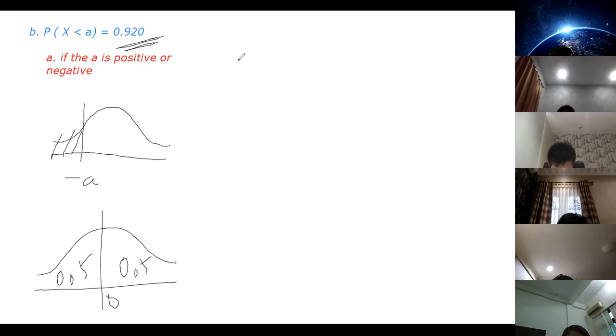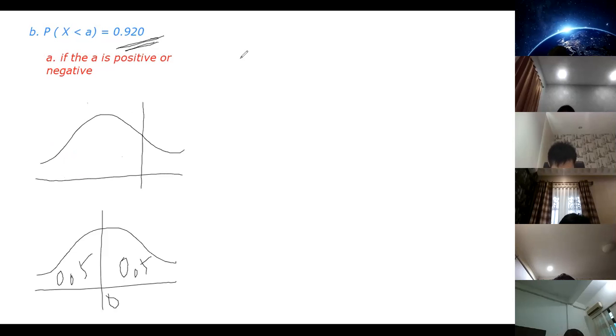The probability is 0.920. So from this, we can say that the a has to be a positive number. Because if the a is a positive number, then lesser than positive a, it will be 0.920. It makes sense for us to have 0.920 if the a is positive, but definitely not negative.